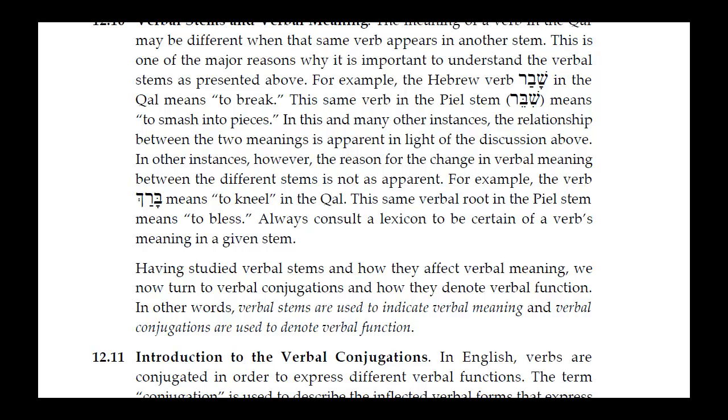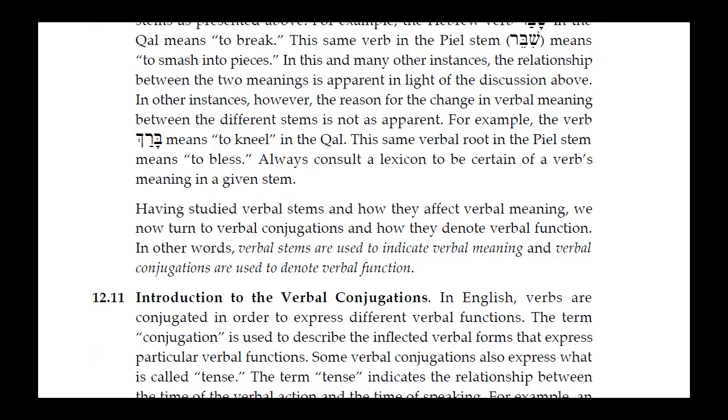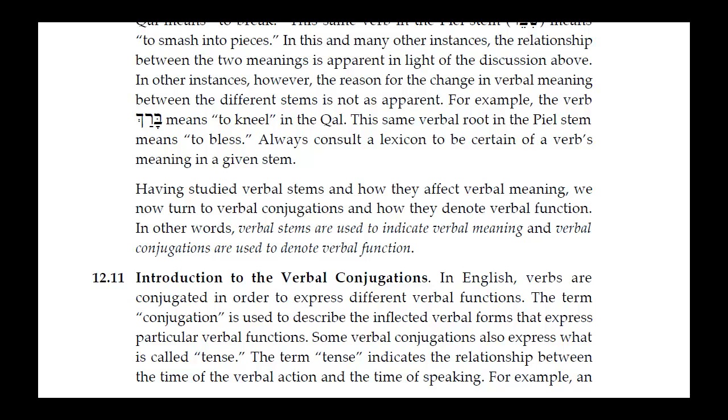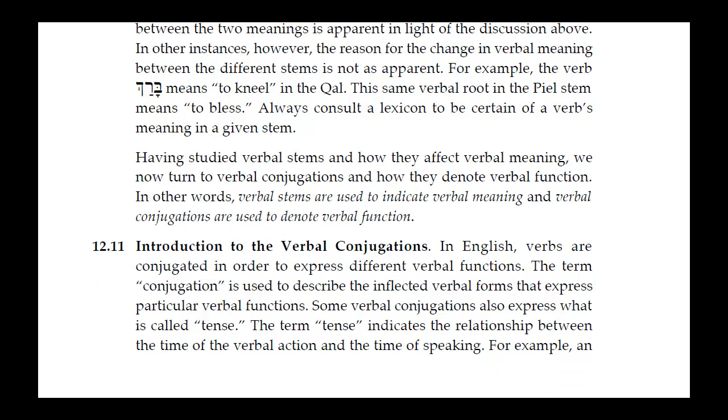Okay, what we'll do here too is go into the introduction to the verbal conjugations. In English, verbs are conjugated in order to express different verbal functions. The term conjugation is used to describe the inflected verbal forms that express particular verbal functions. So when we're talking about tense, we're talking about conjugations.